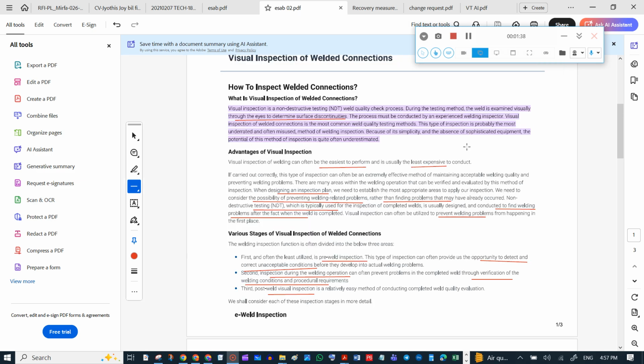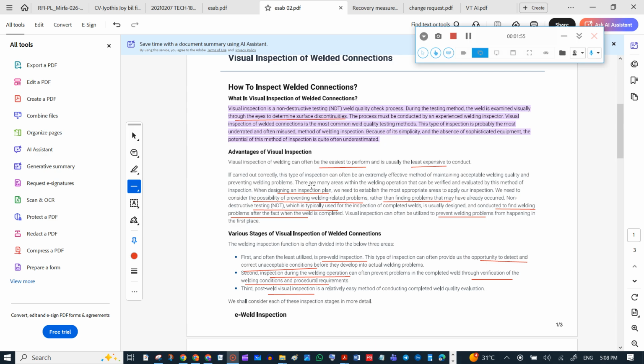Visual inspection means examining visually through the eyes to determine the surface discontinuities.